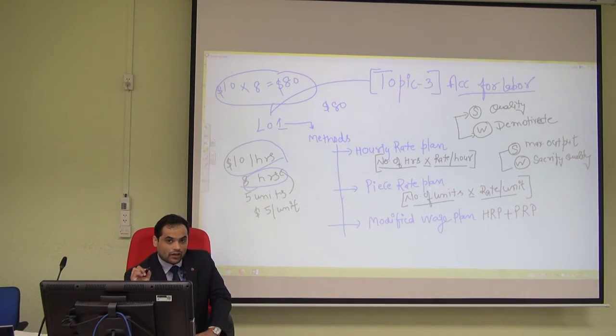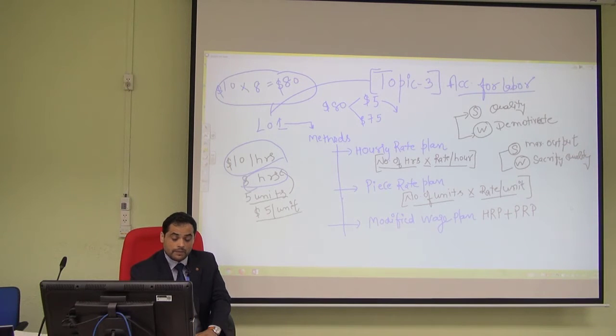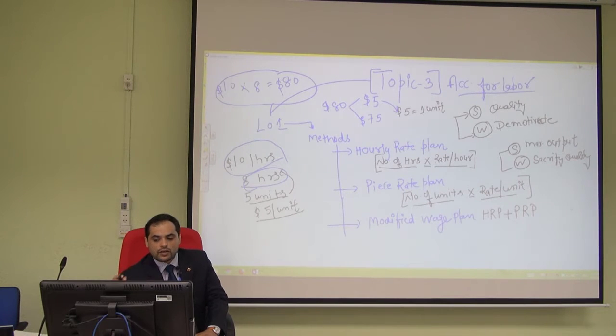The labor cost will be $80, but in this $80, $5 is inefficient and $75 is efficient. $5 inefficient means the company asked to produce 5 units and pays $5 per unit. So the worker did not produce 1 unit, so the company has a loss of $5.